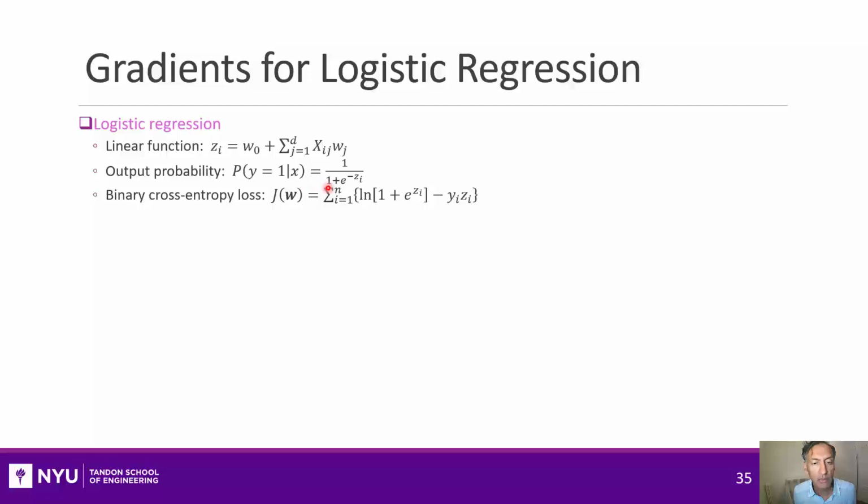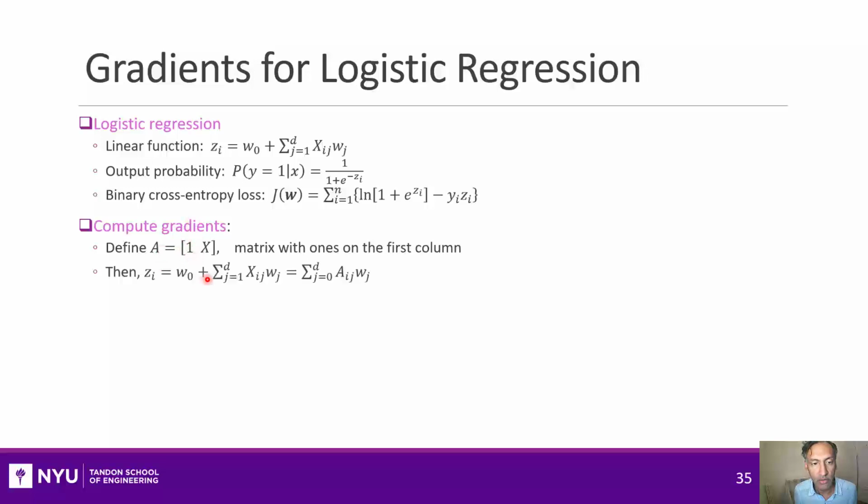So we need to compute the gradients to be able to implement gradient descent. And all we do is fairly straightforward. It's pretty much exactly what we did in the other example in the previous section. We first define a matrix A, like we always do, which has ones in the first column. And then we can write our Z's just with the A's, so it's just the A's times the W's. After we get this, let's call this probability Pi, just for the sake of notation.